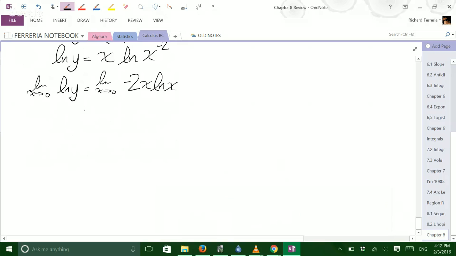Okay, all right, let's check for indeterminate. x is going to 0, so this is negative 2 times 0 times negative infinity. That's definitely a disguised indeterminate form. This is the key: we need to turn this into a form that we can use L'Hopital's rule on.